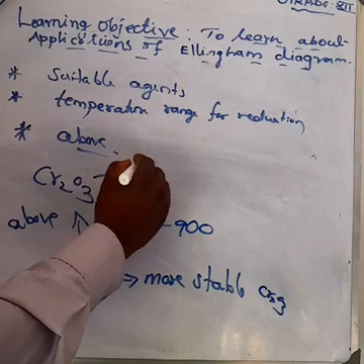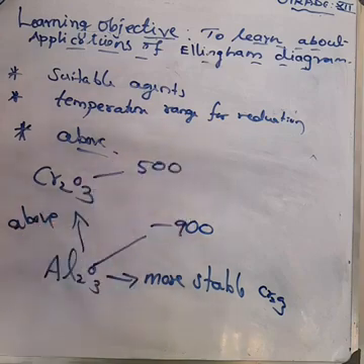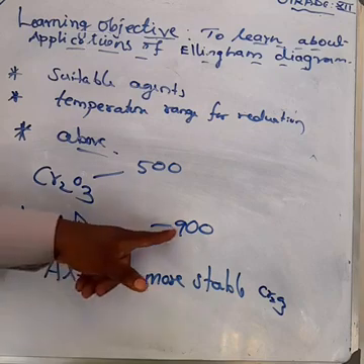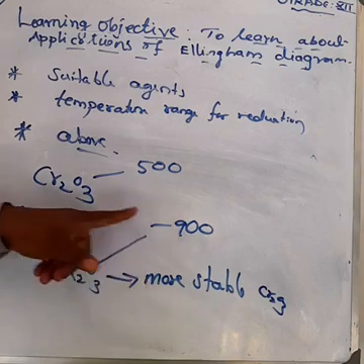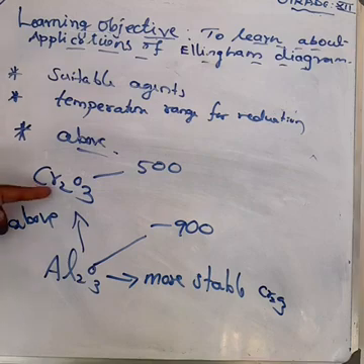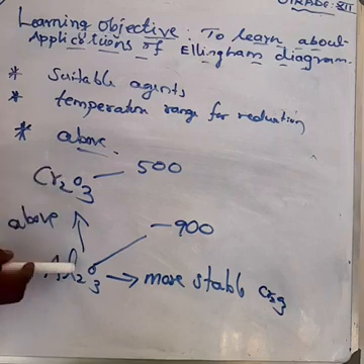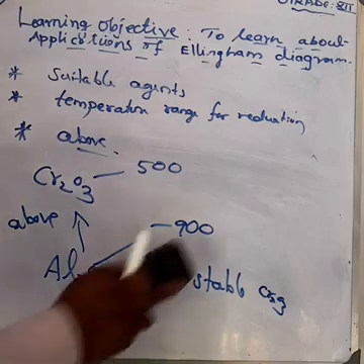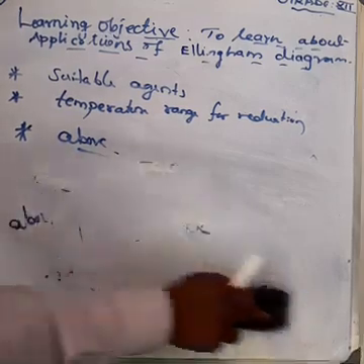So one possibility: aluminum oxide has the high negative value, and also chromic oxide lies above that of aluminum. Those are the two conditions. We can discuss one of the equations. Which equation is possible?